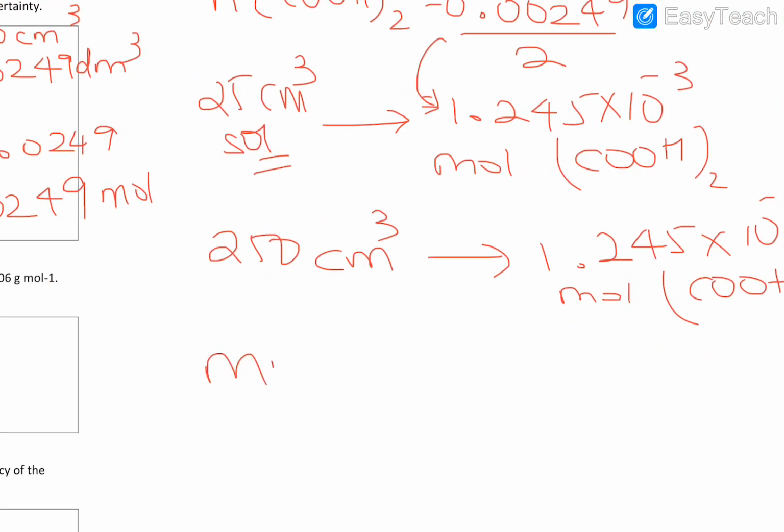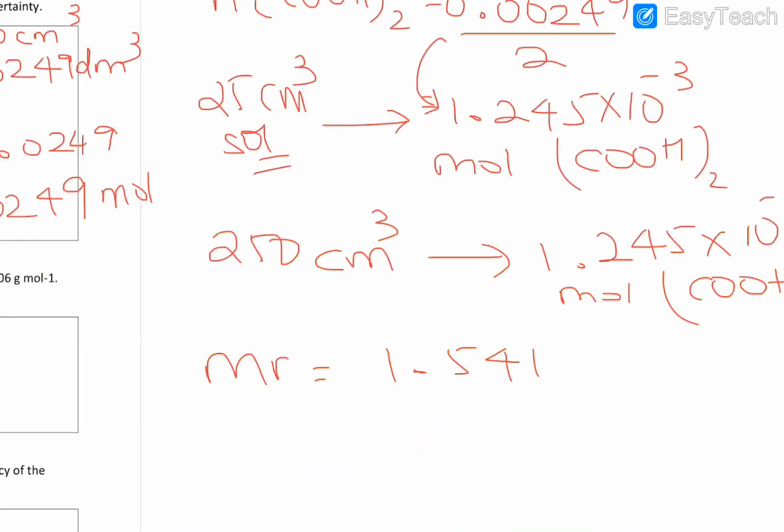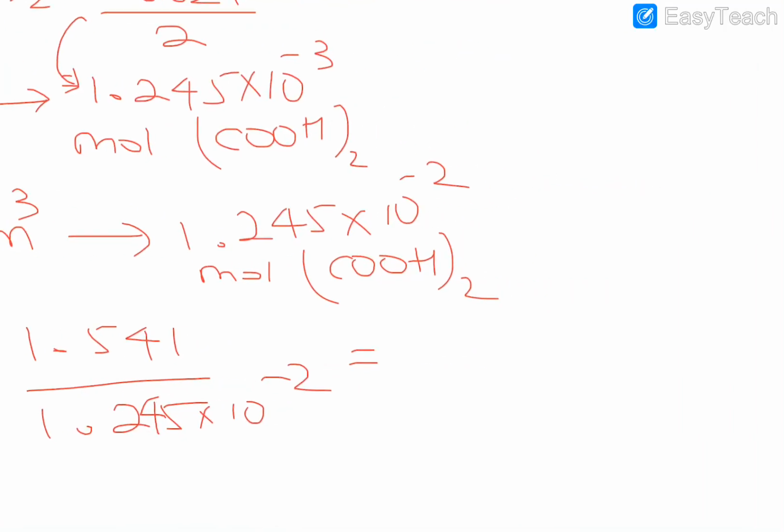So then the Mr is going to be the mass, which is 1.something from the question, that's the mass of oxalic acid, divided by the number of moles. That gives me 124 gram per mole.